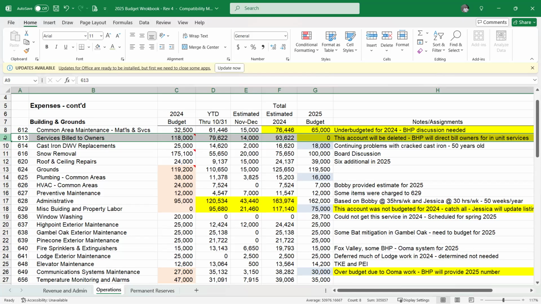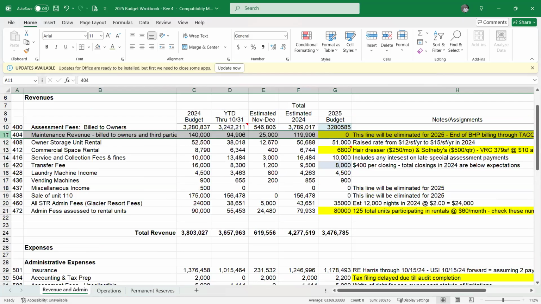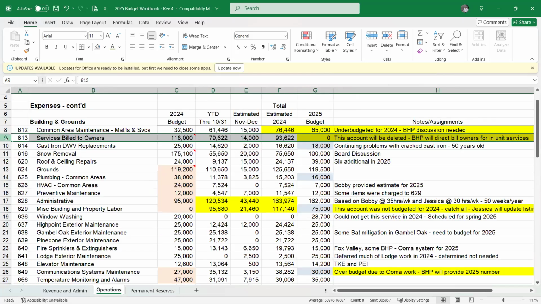Again, like I referred to on the previous page, this line item is the somewhat corresponding cost side to that revenue, and this account will be deleted as well, because we won't have BHP billing Taco for work done in an owner's unit, and then we have to turn around and put it on the owner's assessment account.